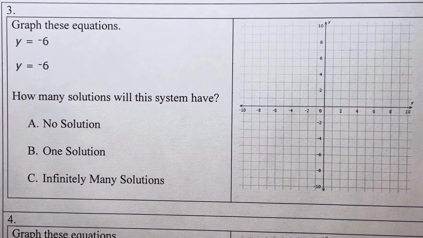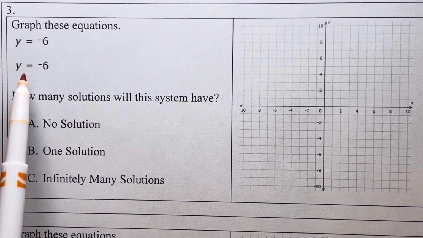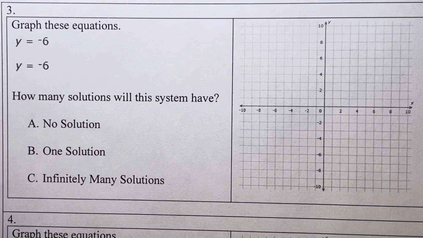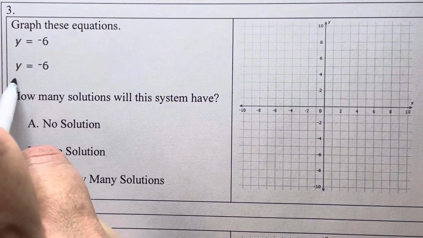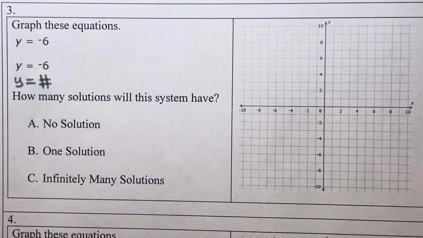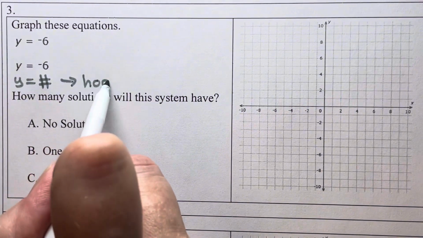Example 3. Graph these equations of y equals -6 and y equals -6 again, and then determine how many solutions the system has. Great. Let's see. I'm hoping that you remember from previous lessons that whenever you have an equation where y equals a number, this is a horizontal line.